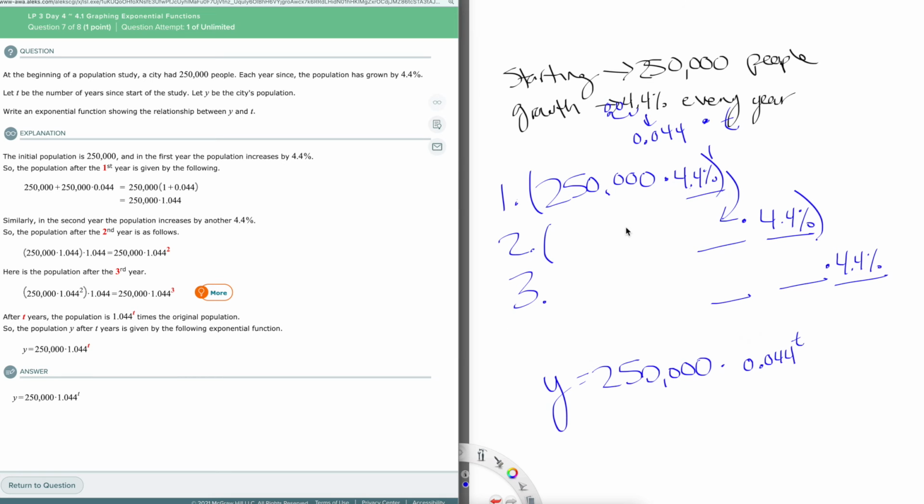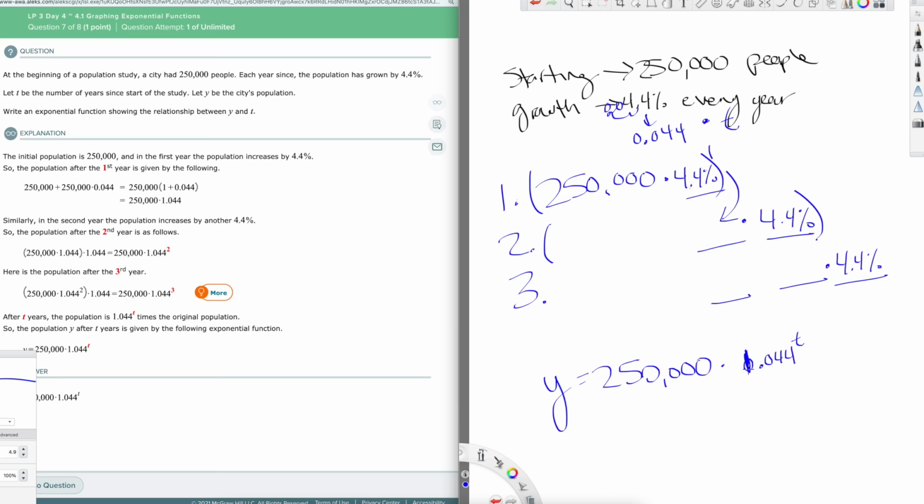That would mean we're not adding back to the 250,000. I would have 11,000 multiplied by 4.4%, but it's not only 11,000 growing. That was an oops on my part. It shouldn't be 0.044, we should have a 100% here. It's a growth, so we wanted to add that to 100%. I forgot that little step.